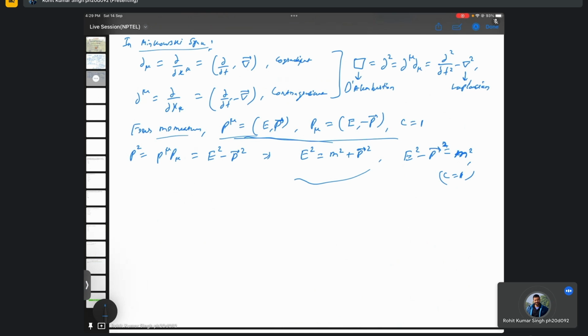Now let's come back to quantum mechanics. In quantum mechanics, our four momentum will be just this thing, right? Or you can write it like this.